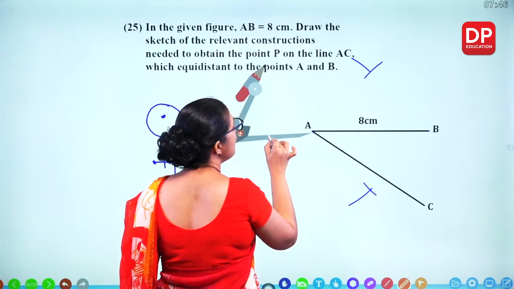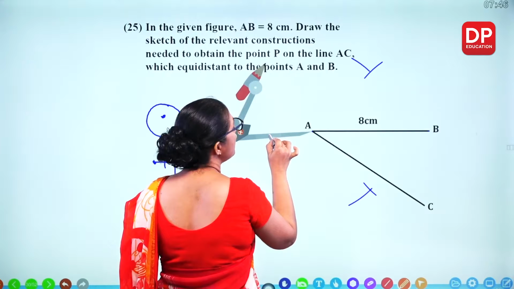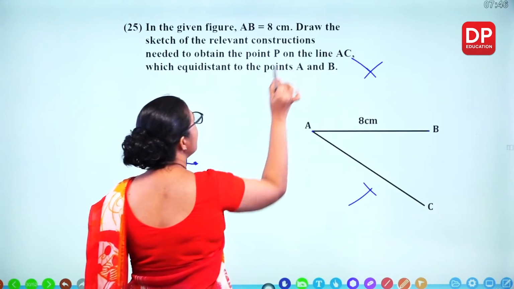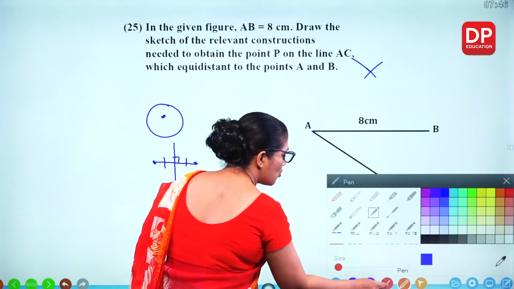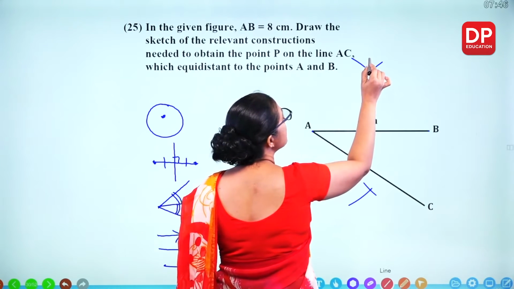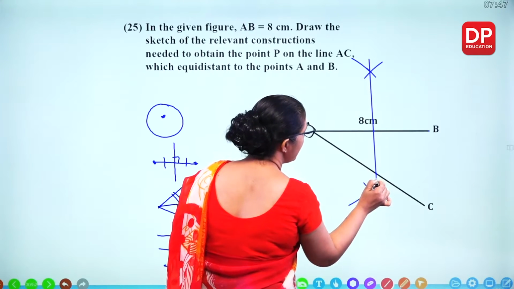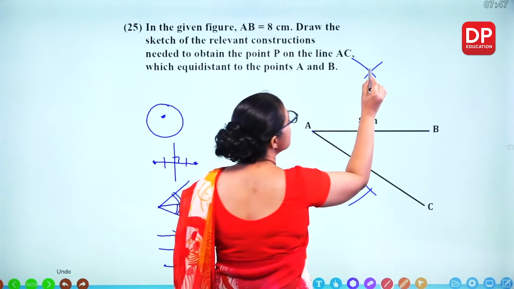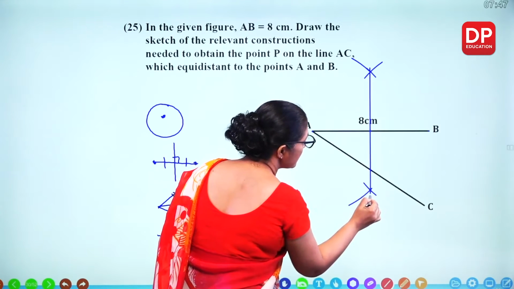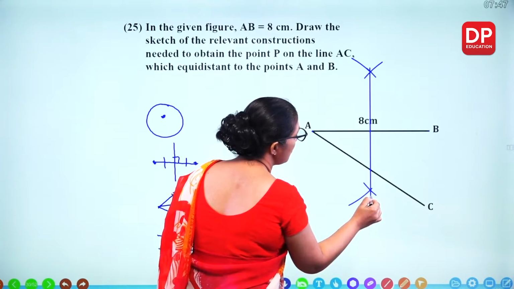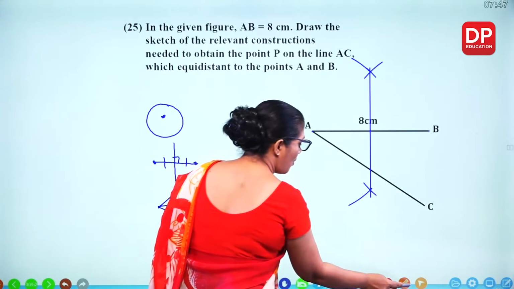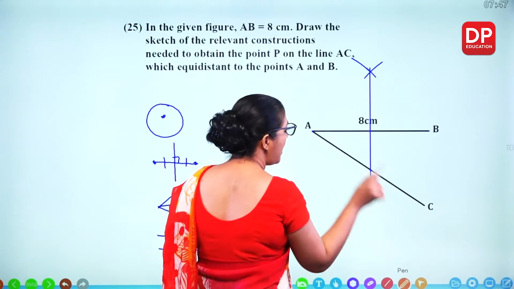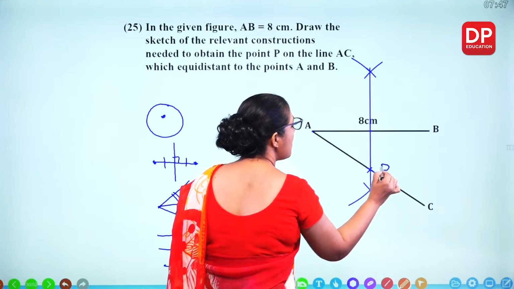Here I can't see the intersection point properly, so I'm redrawing this. Here. Now we can see the 2 intersecting points, you can connect. So that's the perpendicular bisector. Now, what do they say? They need the point P on AC. So this is the point P.